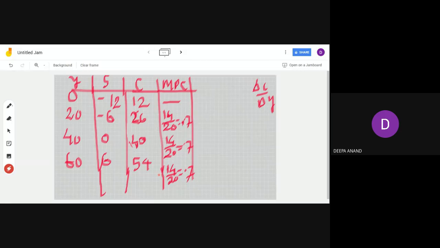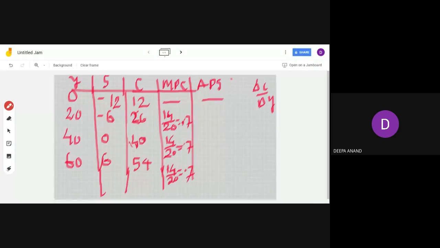And the next is average propensity to save. I hope you have done it. So what is the saving? In the first case, it is ill-defined. Leave it because the income is 0.